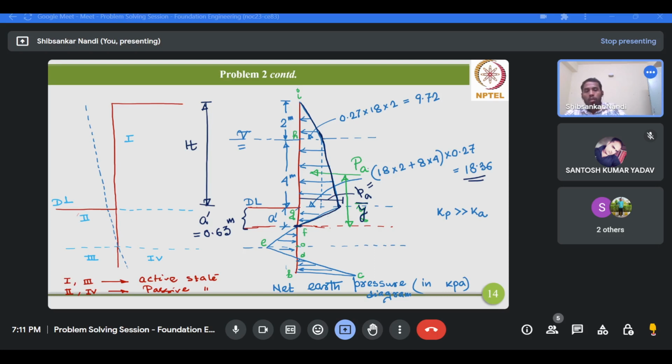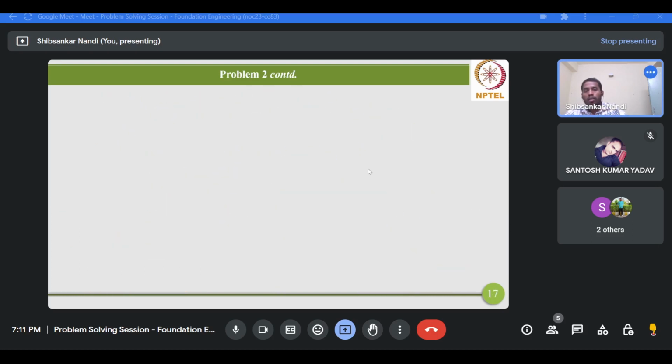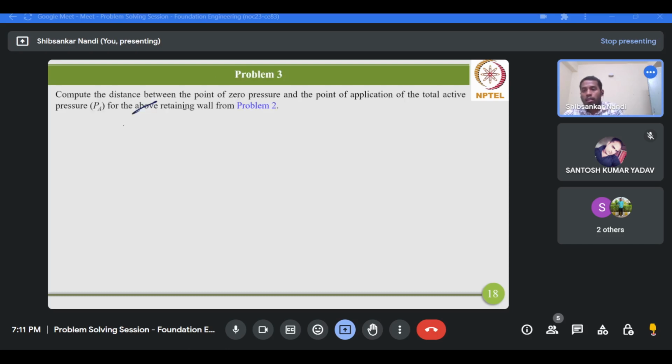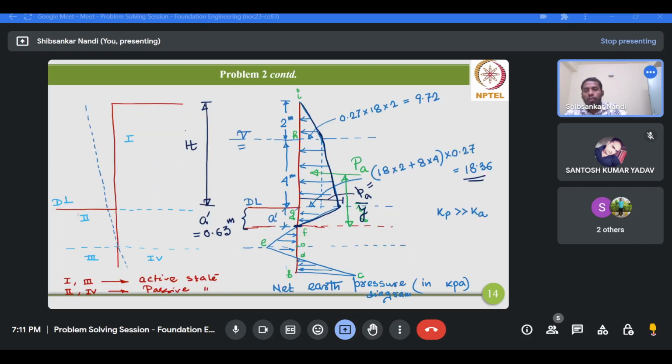Then PA into y bar will be equated to the individual force component multiplied by the individual lever arm. This individual force and individual lever arm you have to calculate.